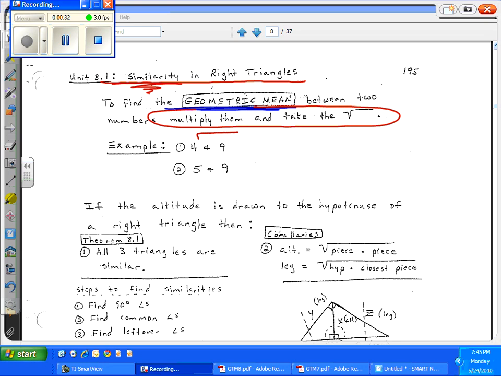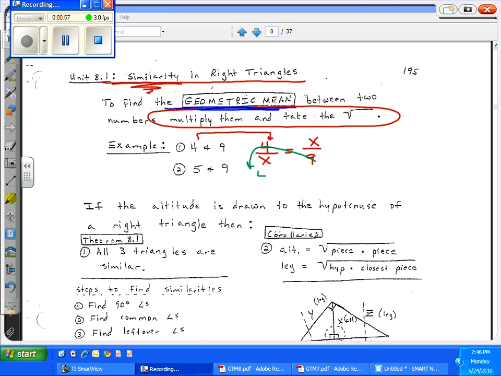Now, let me show you what geometric mean actually is. The geometric mean between 4 and 9 would be properly written as a proportion as 4 over x equals x over 9. If x is the geometric mean between 4 and 9, then 4 over x equals x over 9.